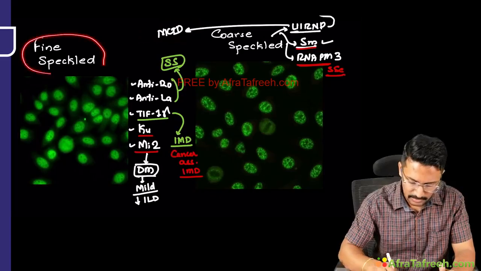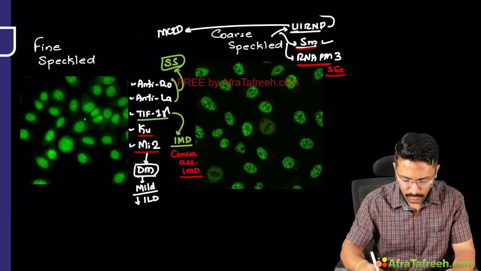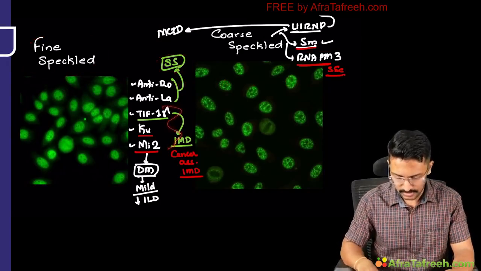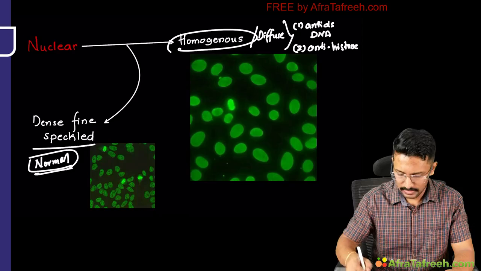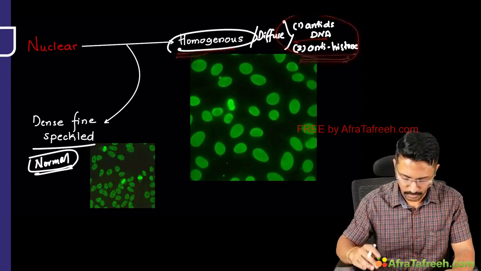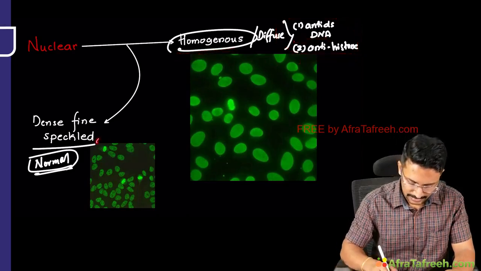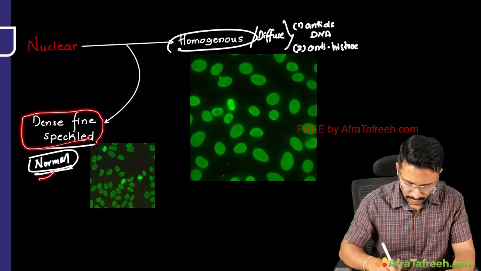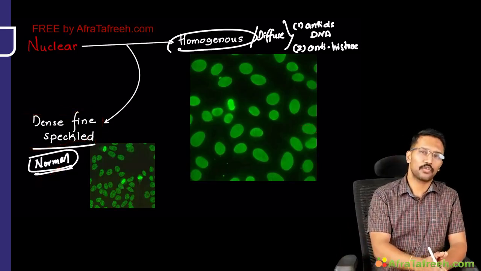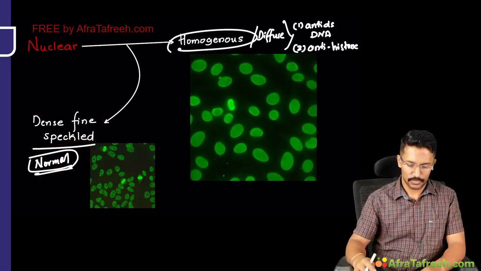Whenever I see a fine speckled pattern, I start thinking of the possibility of Sjogren's syndrome or the inflammatory muscle diseases. Whenever I see a homogeneous pattern, whether drug induced or not, I start contemplating the possibility of SLE. And when I see dense fine speckled, I would be less likely to think of any systemic autoimmune rheumatological disorder. Okay.